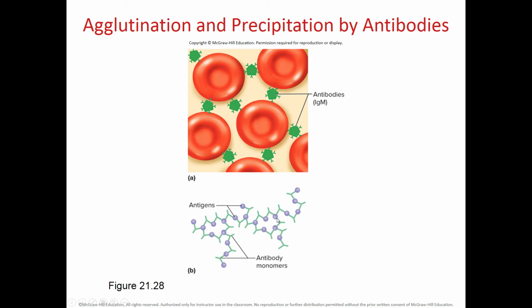The ones in purple will be the antigens, and the ones in green will be the antibodies. When you have these complexes, they will be heavy, and by gravity they will precipitate. So you have agglutination or clumping, and then you form a heavy weight that will drop or sink to the bottom of wherever they are located, and this will be called precipitation.